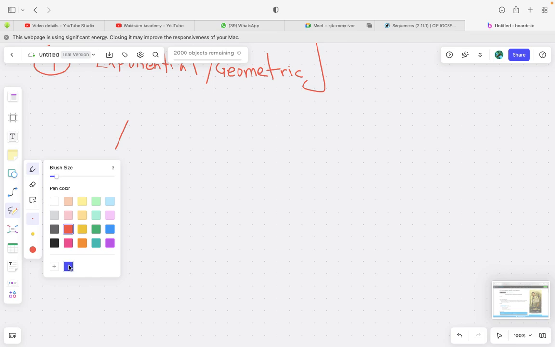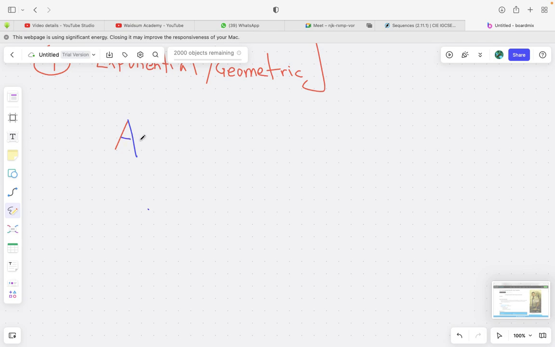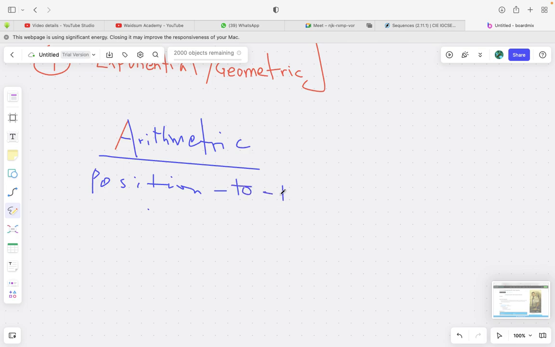In an arithmetic sequence, we are talking about the position to term rule.